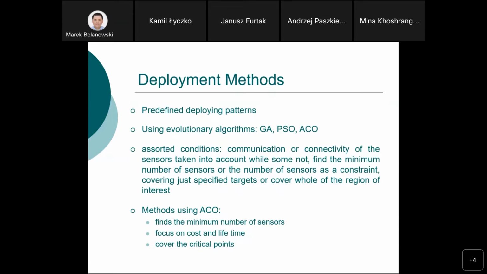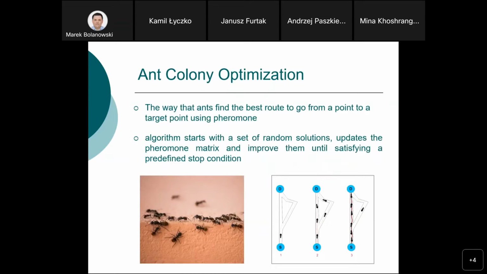proposed methods that use ACO focus on finding the minimum possible number of sensors to cover an area, or to decrease the costs, or to cover predetermined critical points in the area. But what is clone optimization that we use in our approach? You have noticed that most ants use the same path to go from one point to another.